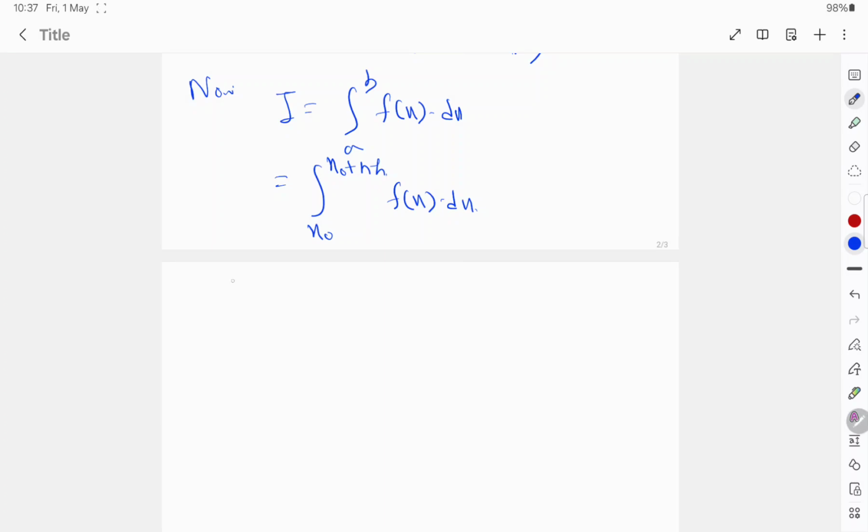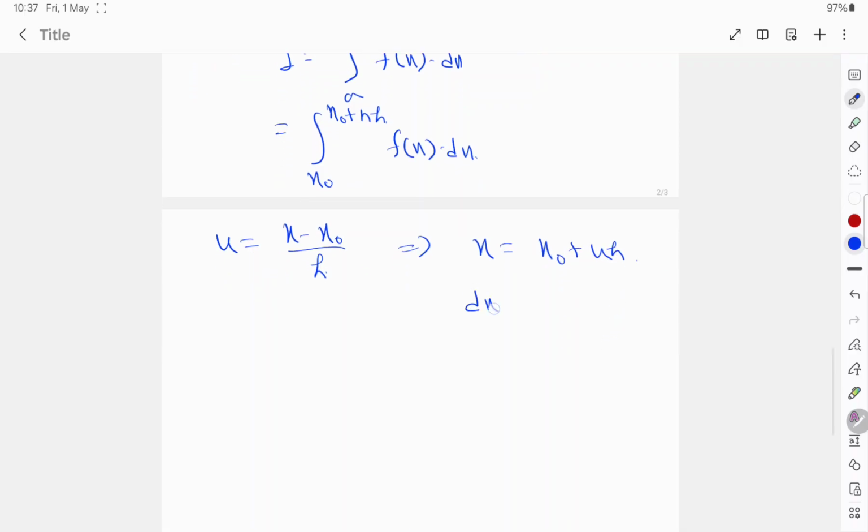Already you have used this substitution earlier, maybe in your Newton's forward formula. So u equal to (x minus x0) by h. So this implies x equal to x0 plus uh. If you differentiate, u is your variable, so dx equals h du.